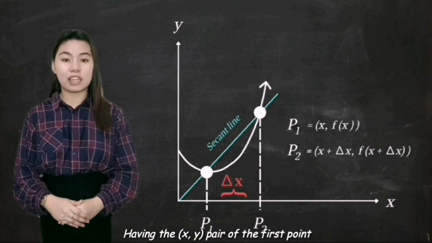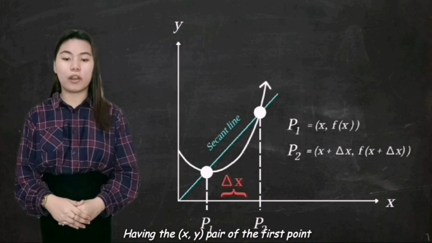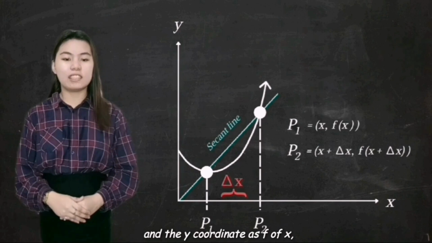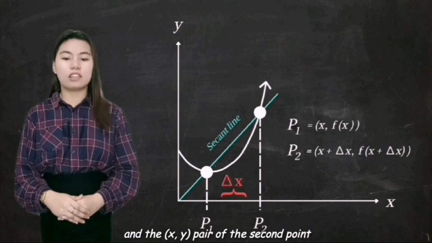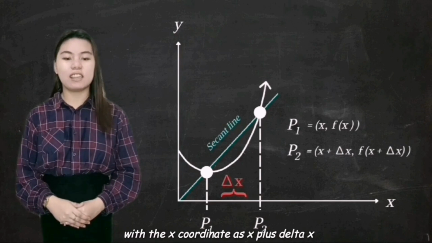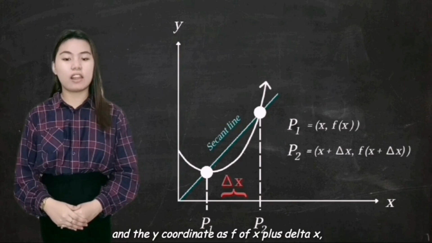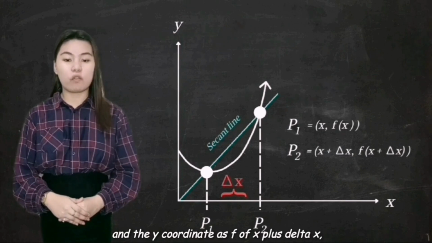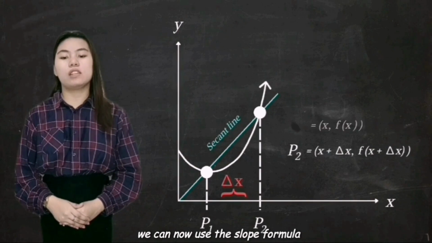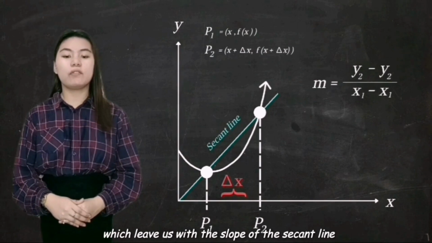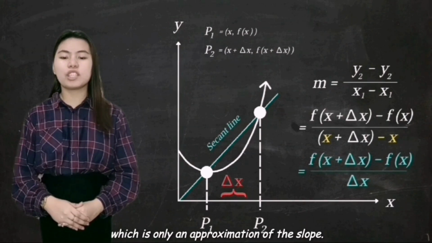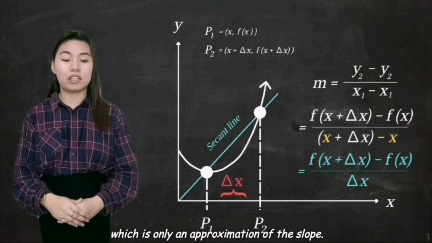Having the x and y pair of the first point with the x-coordinate as x and the y-coordinate as f of x, and the x and y pair of the second point with the x-coordinate as x plus delta x and the y-coordinate as f of x plus delta x, we can now use the slope formula, which leaves us the slope of the secant line or the difference quotient, which is only an approximation of the slope.